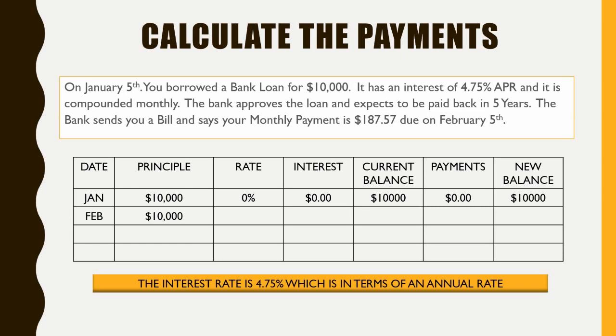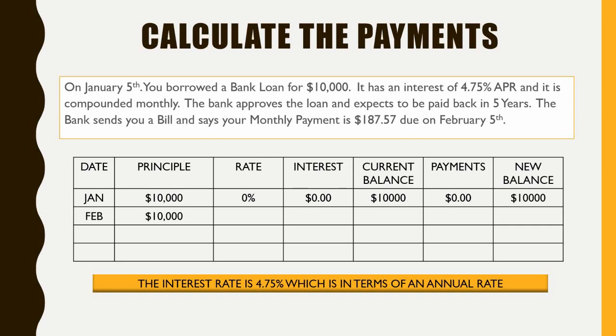So I start off with my principal. And then now I need to figure out my rate. Since I know that my rate is an annual percentage, right, I have to divide it by my number of times compounded, because that's how we figure out what my percentage rate is for that month.